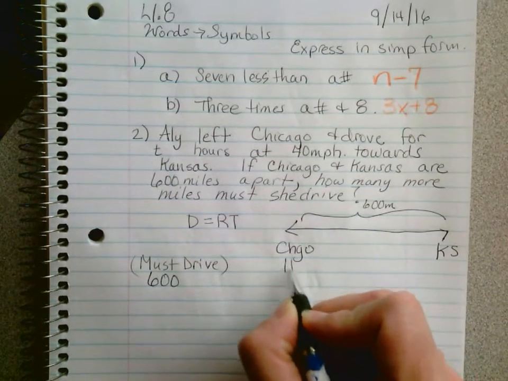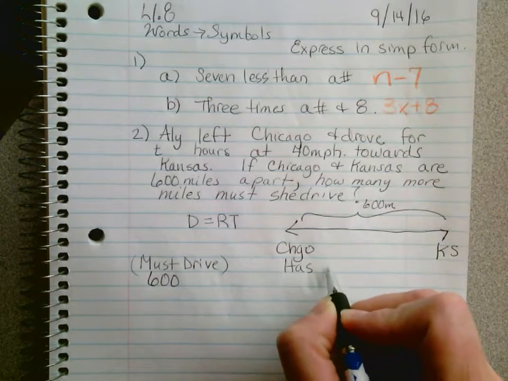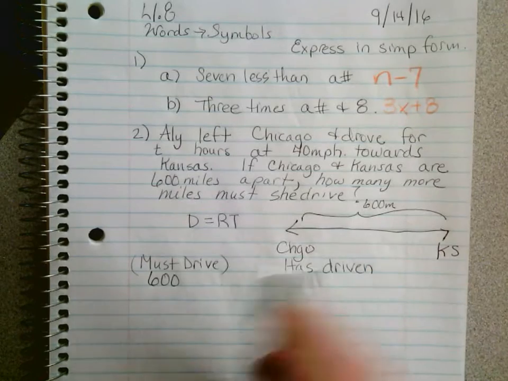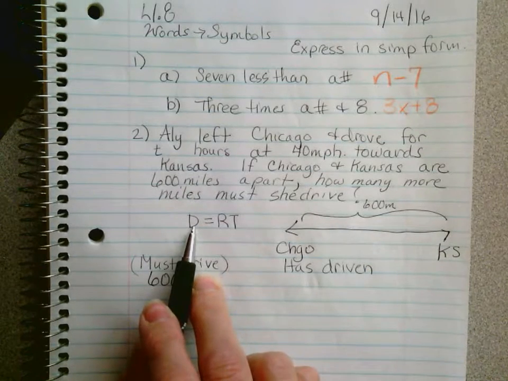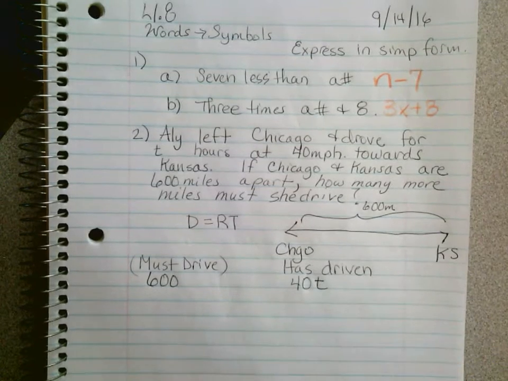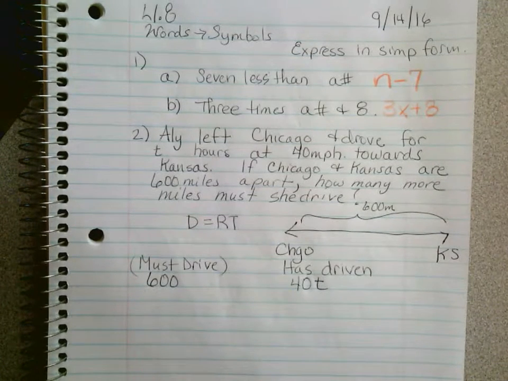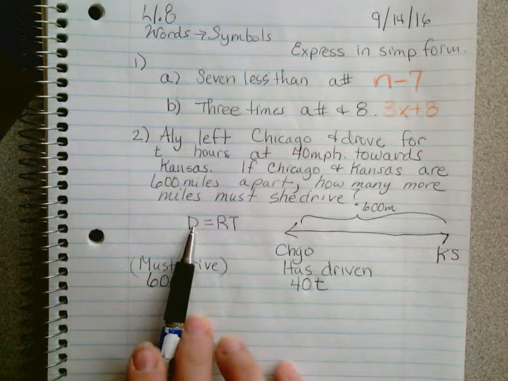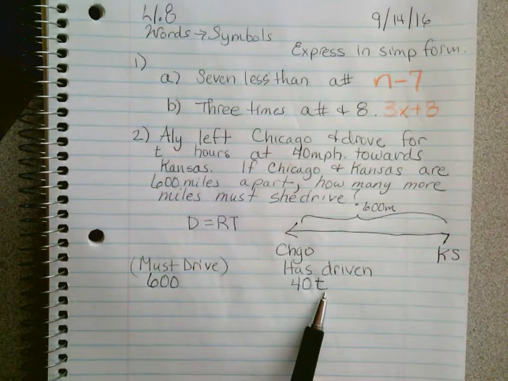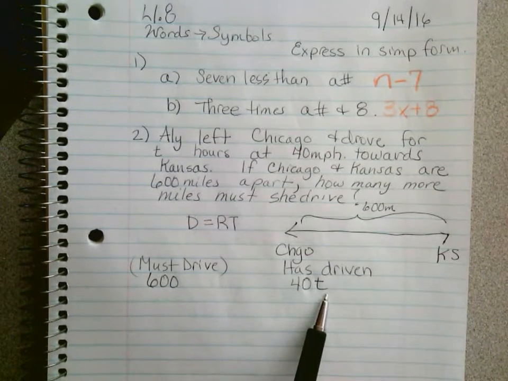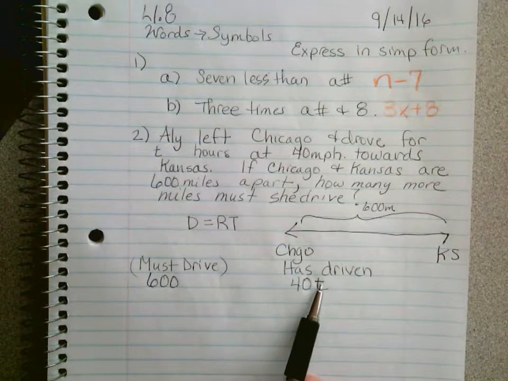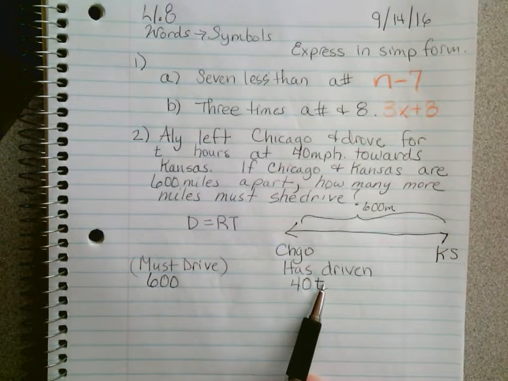So would it make sense to say that the distance she has driven, because rate times time equals distance, is equivalent to 40 multiplied by t? Would that make sense? Since distance is equivalent to rate times time, and as of right now, this is how far she has driven, using 40t does give us what she has driven, okay?